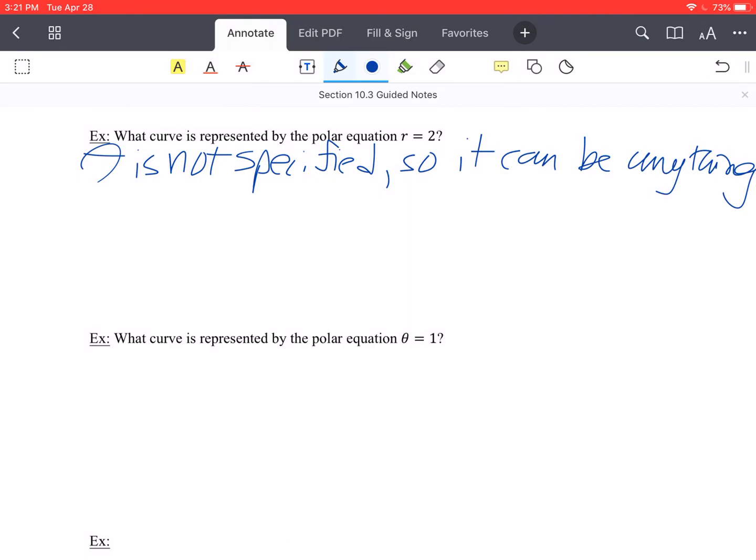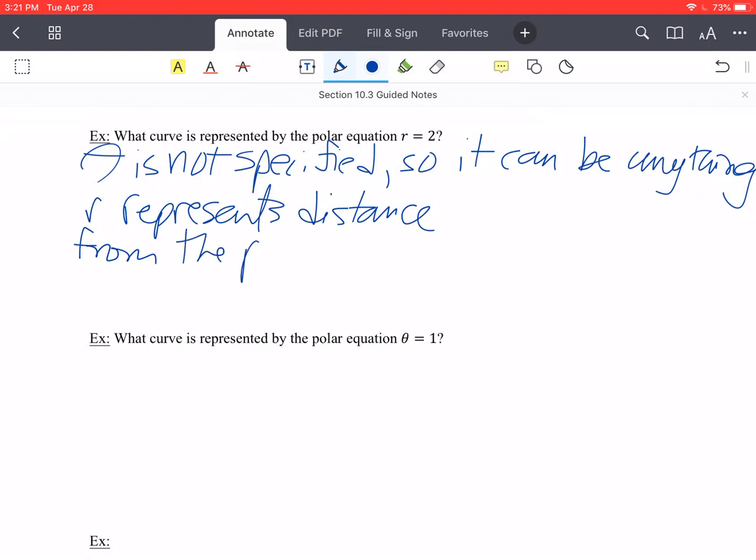So that means we're going all the way around, right, 0 to 2 pi. And then r represents the distance from the pole, or the origin, if you will.